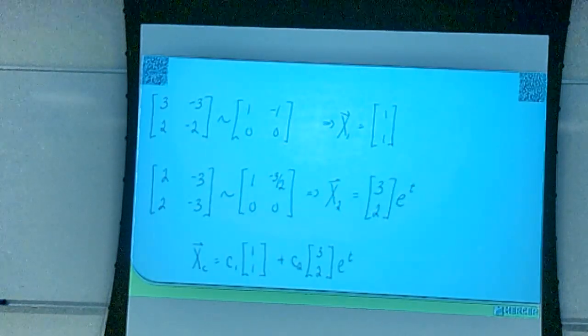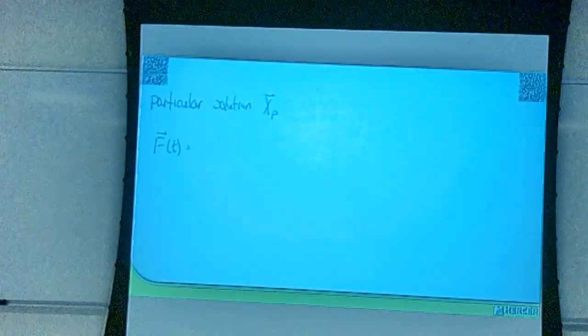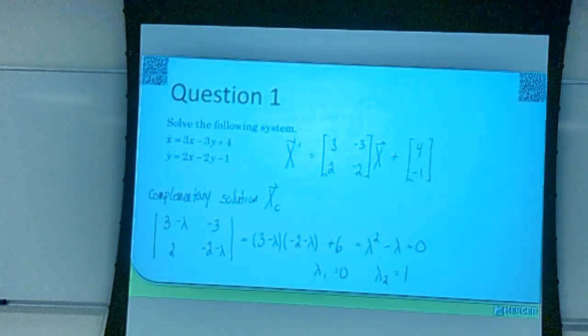Let's do undetermined coefficients for this one. This one's actually pretty easy. F of t was 4, negative 1.